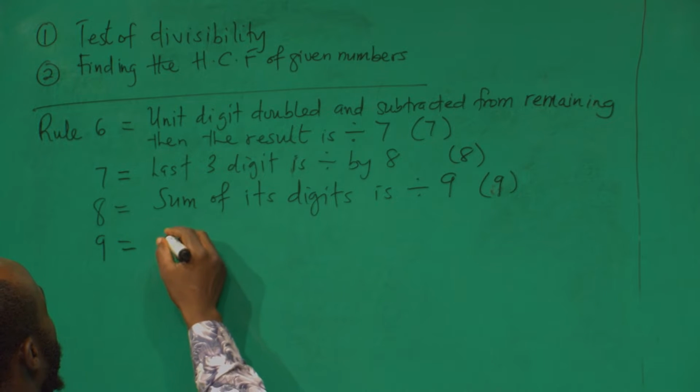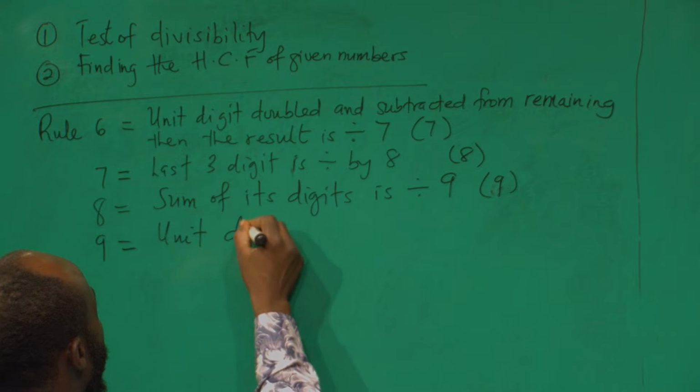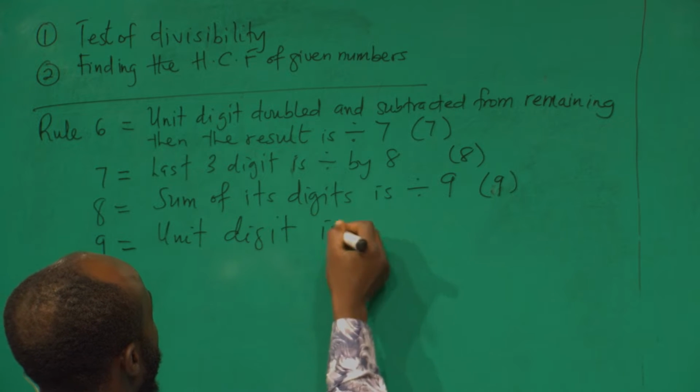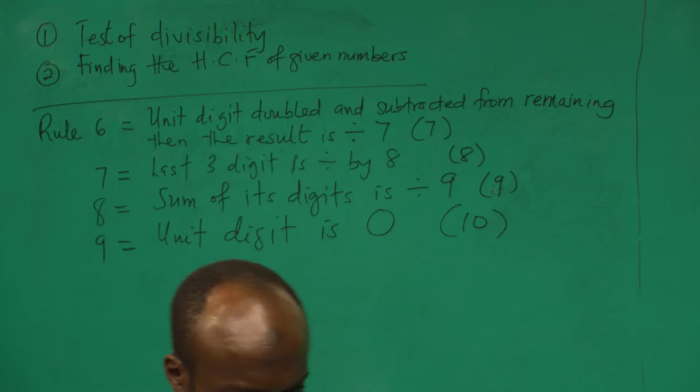For 10, if the unit digit is 0, that is for 10.